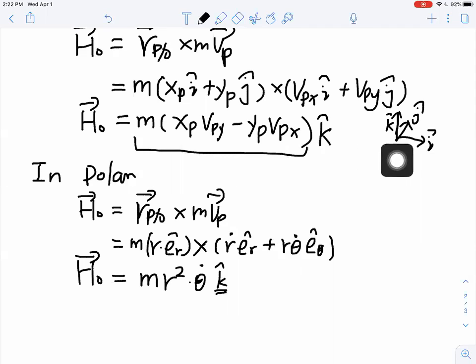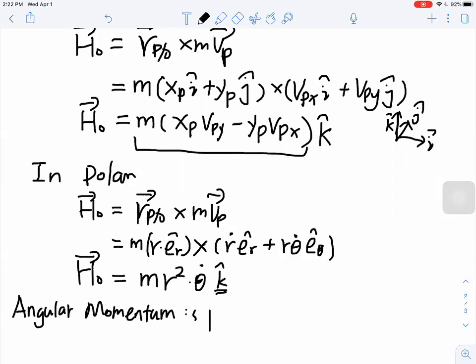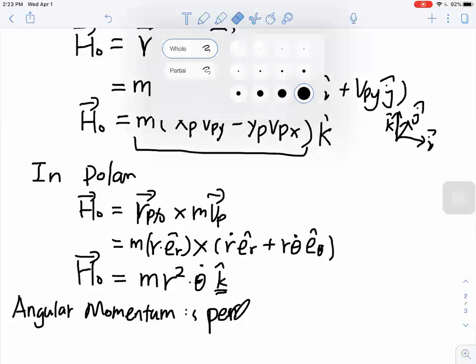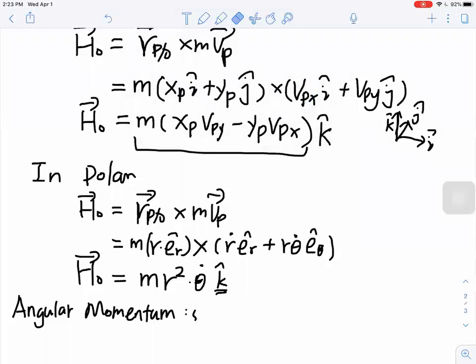K. So the angular momentum is perpendicular to the plane of motion. Angular momentum is perpendicular, oops, that's a hard word to spell.